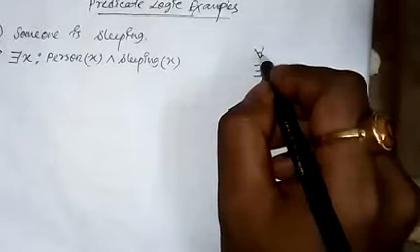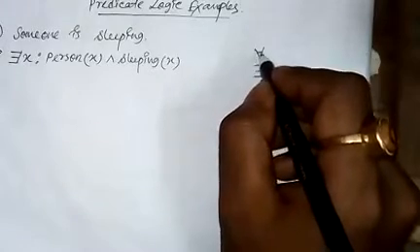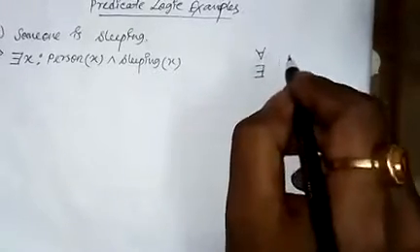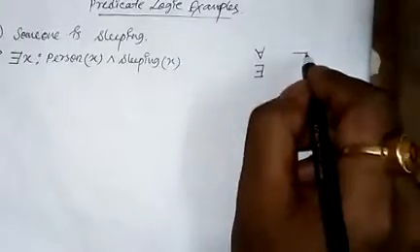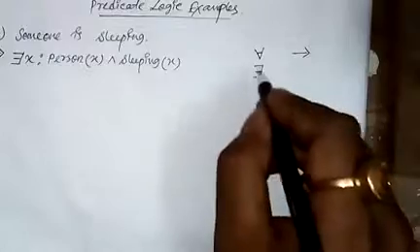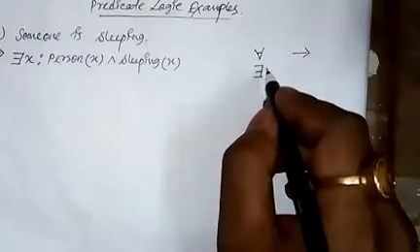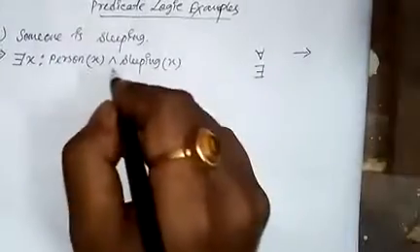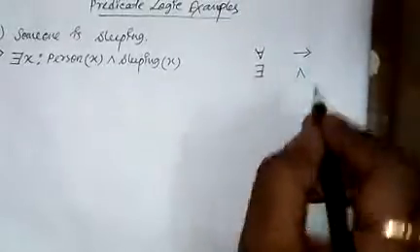Whenever we are using for all, we have to use the implication symbol, and whenever we are using there exists, we have to use the and symbol. So as you can see, for some x, x is a person and x is sleeping. Okay.